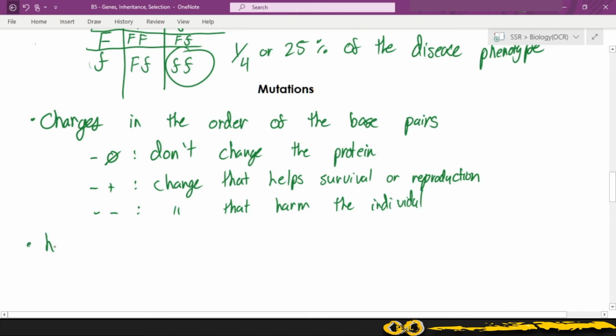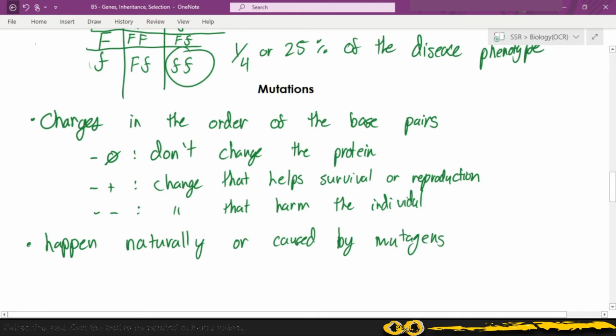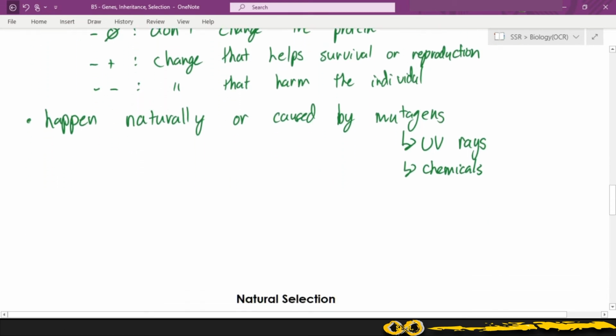Mutations will happen naturally, or they will be caused by mutagens in the environment. The word mutagen just means mutation generator, and so this could be things like UV rays, certain chemicals, etc. And these will cause mutations and therefore could cause harm or sometimes won't change anything in the individual.